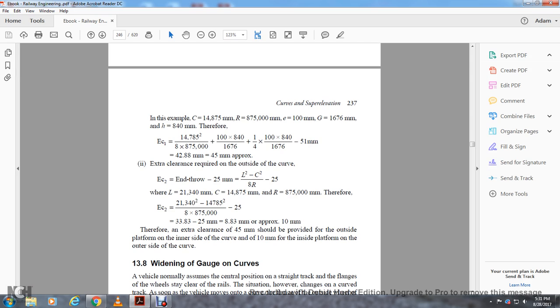Extra clearance required on the outside of the curve. End throw minus 25 millimeters equals L squared minus C squared over 8R, minus 25, where L is 21,340 millimeters, C is 14,785 millimeters, and R is 875,000 millimeters.